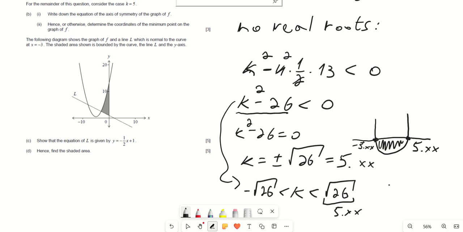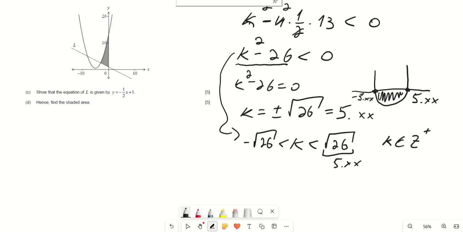Now I have to keep in mind that k is an integer, a positive integer. So if it has to be smaller than 5 point something, it can be maximally 5. And this is the answer to part A.